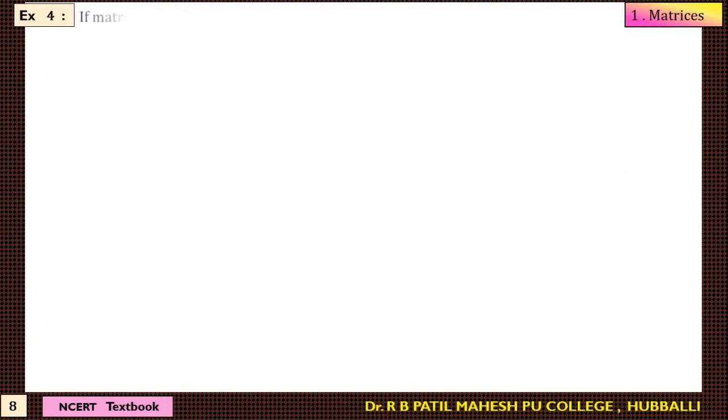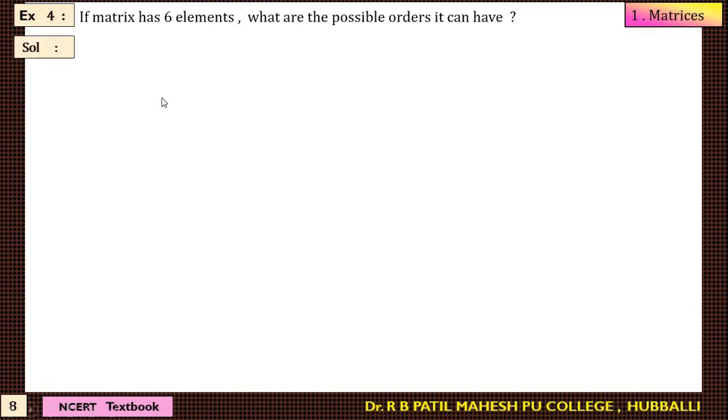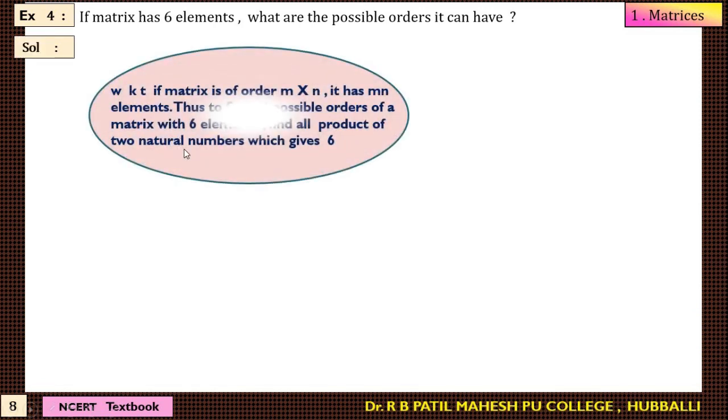Next example. If a matrix has 6 elements, what are the possible orders it can have? That means, dear students, in this example, given that there are 6 elements, using these 6 elements, how many different orders of matrix we can write, that you have to write. Recall this formula.